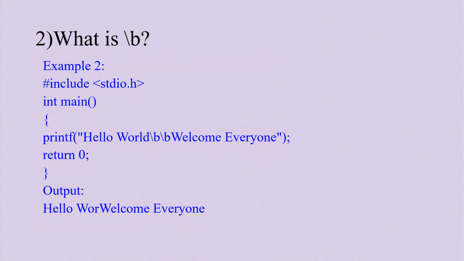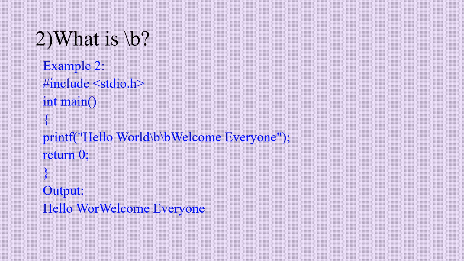One more example I have given. Here in the printf statement we have written \b twice, \b\b. This will delete the two characters before the cursor, before where we inserted the \b.